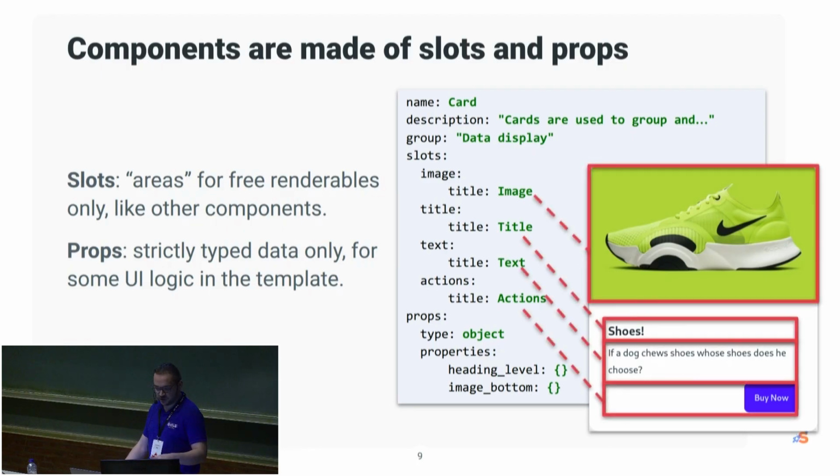Slots are free areas where you put your renderable arrays, so that way you can also nest your components, and everything you can do with renderable arrays, you put in slots. Props are typed data to put UI logic into your template with available variables. For example, here, controlling where the image is displayed, or some heading level.